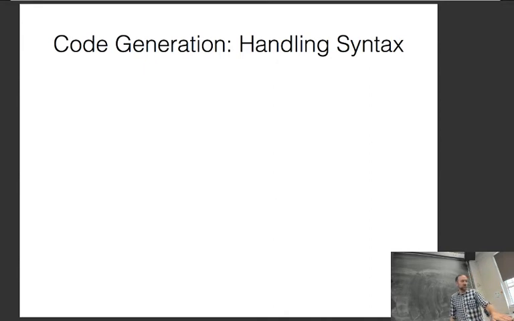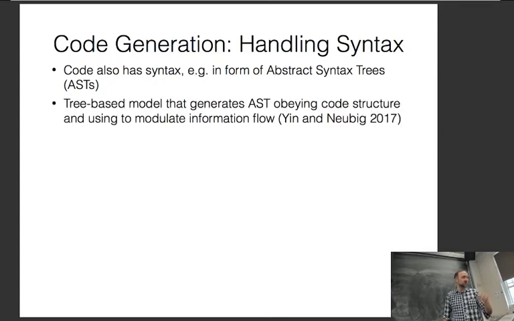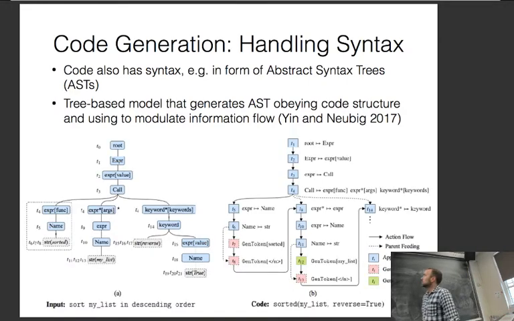So there are ways to handle syntax. The code also has syntax, for example, in the form of abstract syntax trees, which is one of my papers with Pengcheng. Basically, the idea is if you take Python or any programming language, you can take a parser and parse it into a tree structure, and then based on this tree structure, you can generate.